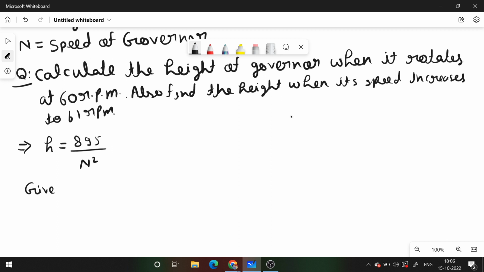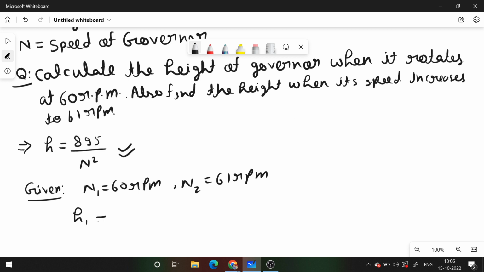Here speed n1 is given 60 rotation per minute and n2 is 61 rotation per minute. So from this equation, h1 is equal to 895 upon 60 square. Calculating this, we will get 0.248 meters.